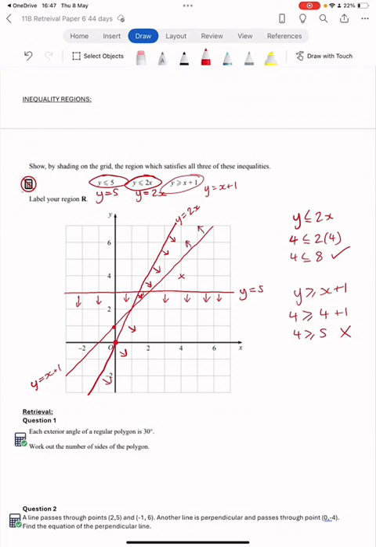So I want everything this side of this line. So that leaves me with this little region here, which is what we expected it to be. The question asked us to label it R. Mine's a bit small, so I can't do that. But in an exam, you would obviously be able to do that.